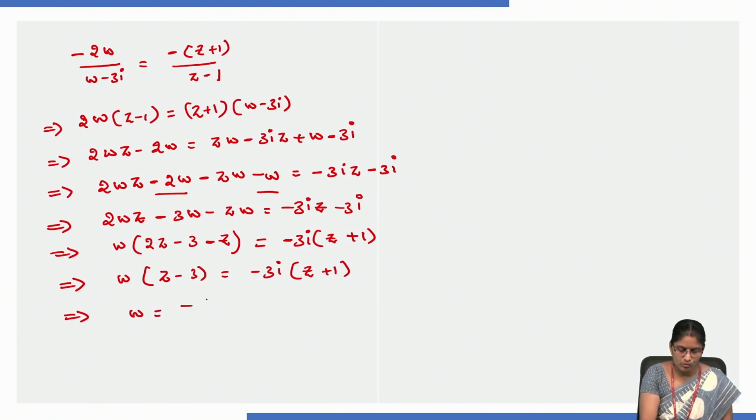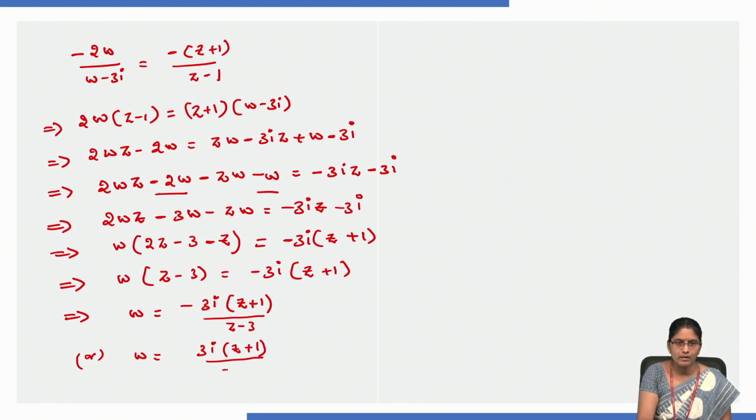W is equal to minus 3i into z plus 1 by z minus 3, or we can write like this, w is equal to 3i into z plus 1 by 3 minus z. So this is the required bilinear transformation.